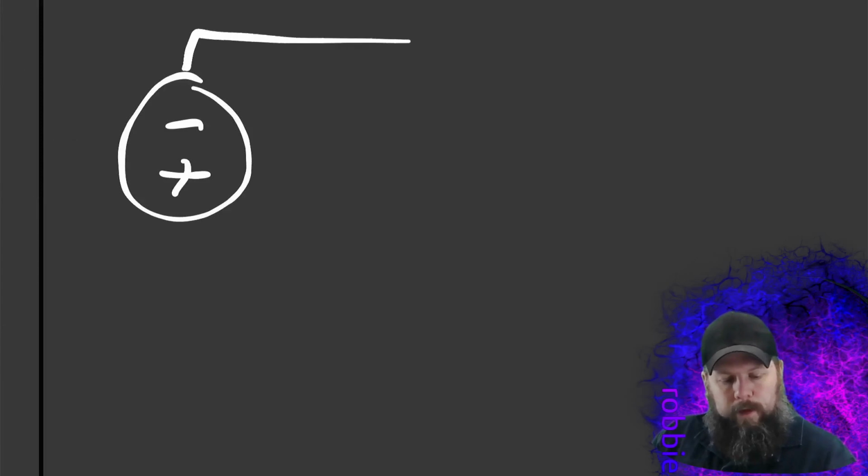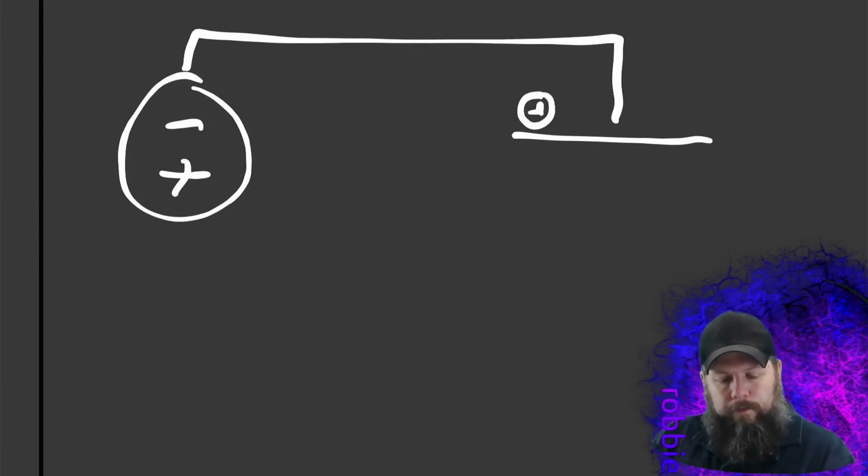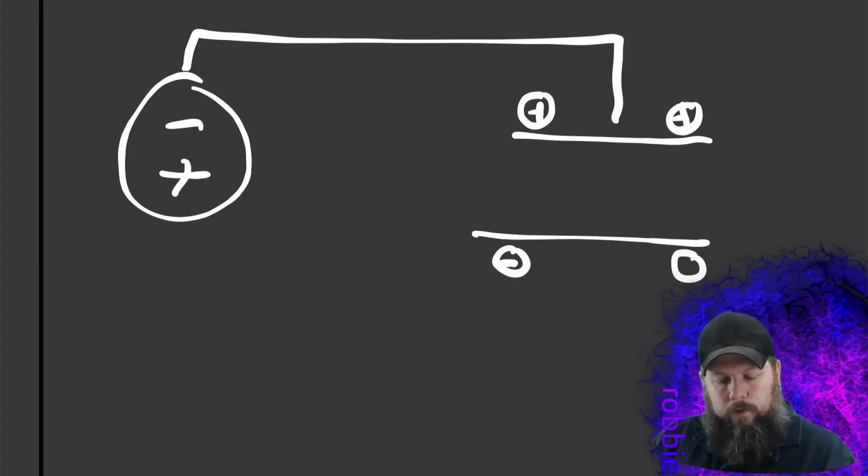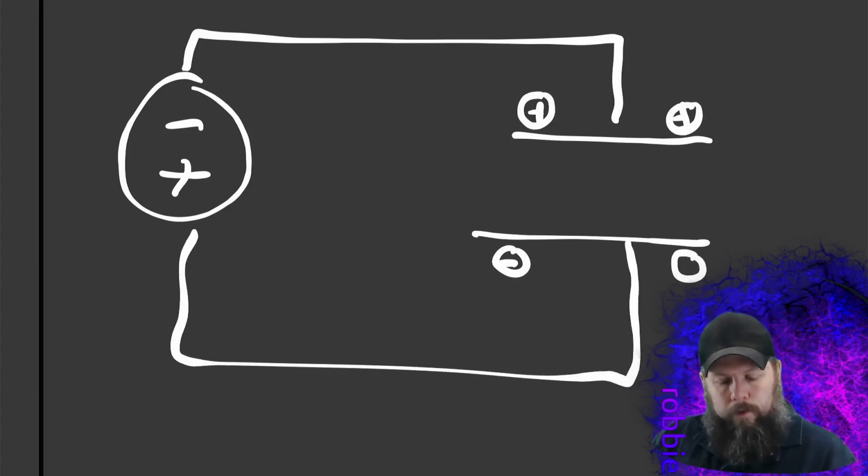Alright, so if we have a diode and we've got our positive charges connected to our negative source, and our negative side connected to our positive source, what's going to happen?